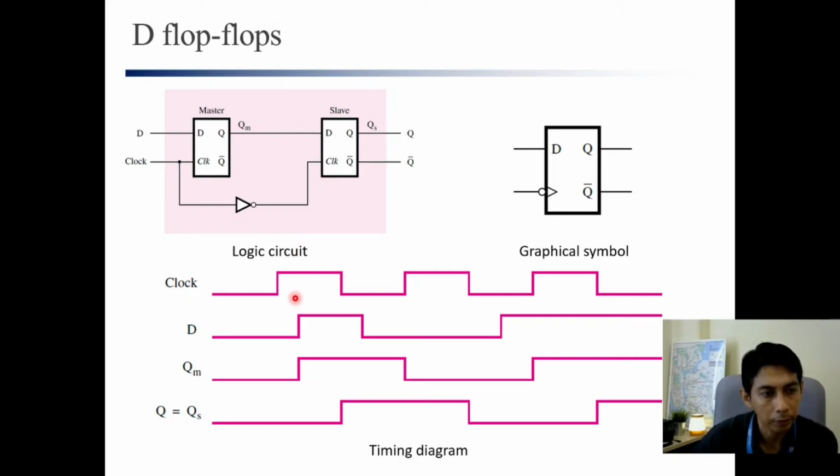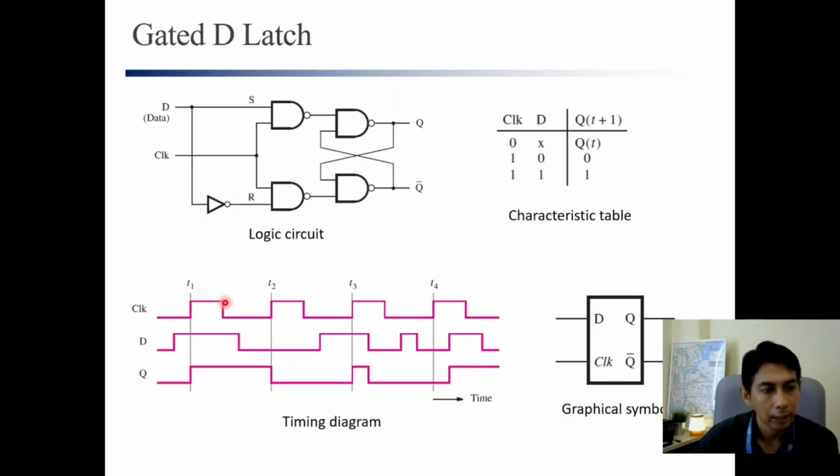What is edge sensitive and level sensitive? Level sensitive is this. It means that whenever clock is active, the output will follow the input. In this case, for example, you see when clock is active, from here to here, we can see that Q before this just remains 0 because the clock is not active yet.